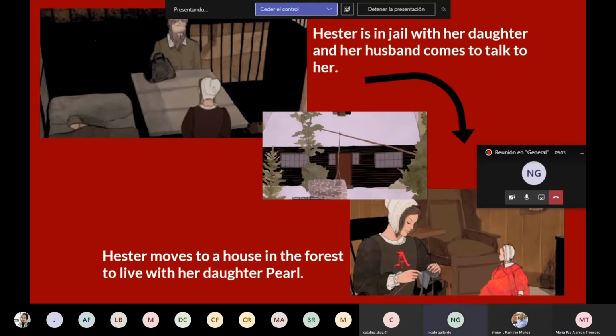But she again doesn't reveal his name, and he also asks her to keep his identity a secret. And he told her that now his name is Roger Chillingworth. That's the name that he creates to conceal his real identity.